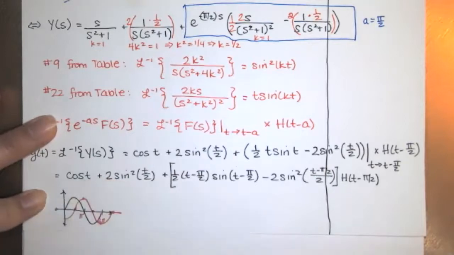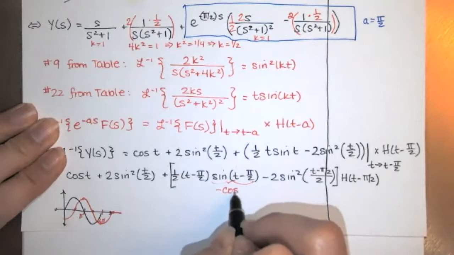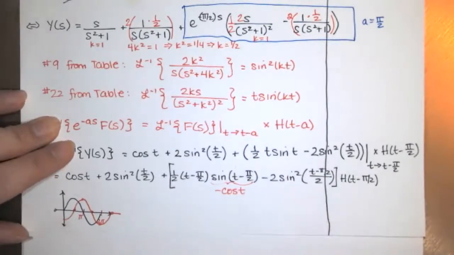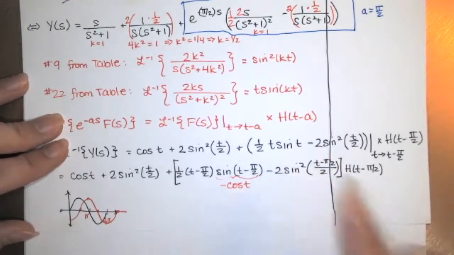Well, that's like a cosine graph, but it's flipped. So this is actually negative cosine of t. Or you could use a trig identity to show that that's equal to negative cosine of t. You don't have to, but you can if you would like to. And we could do something similar with this, but I think it's just too much of a hassle. I'd rather not. We'll just leave it alone.